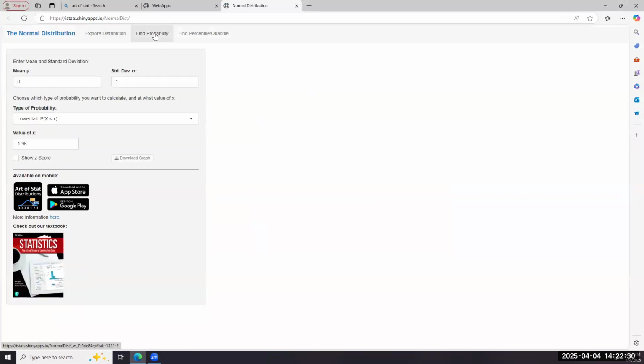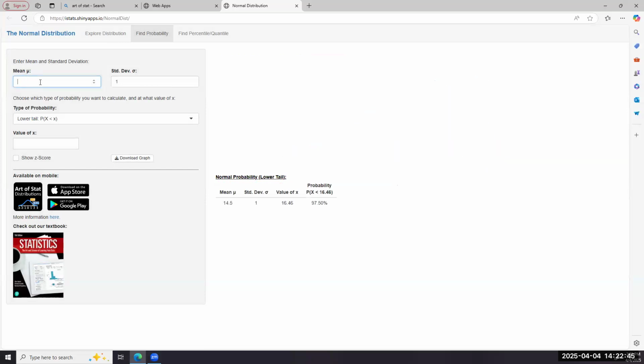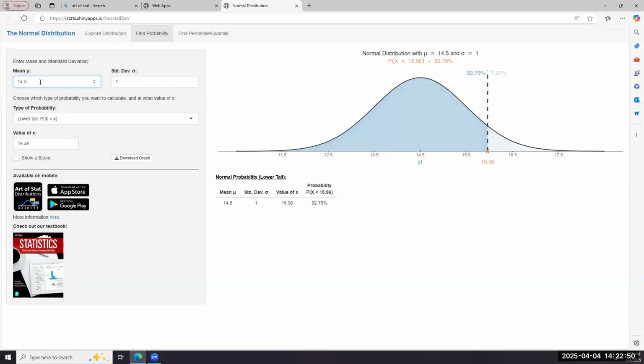You are interested in the probability, so you put the mean of 14.5, and a standard deviation of 3.21. What do you want? You want the probability X greater than 19.5.